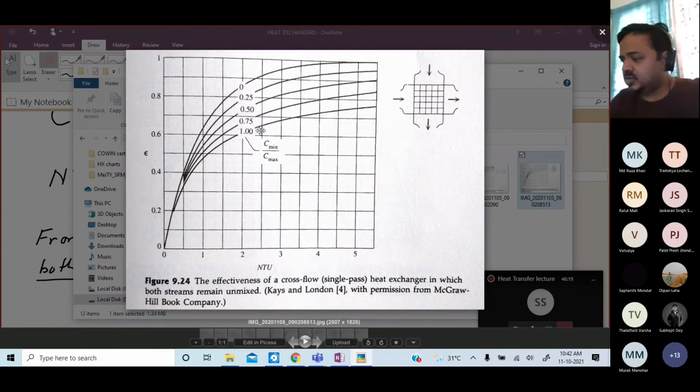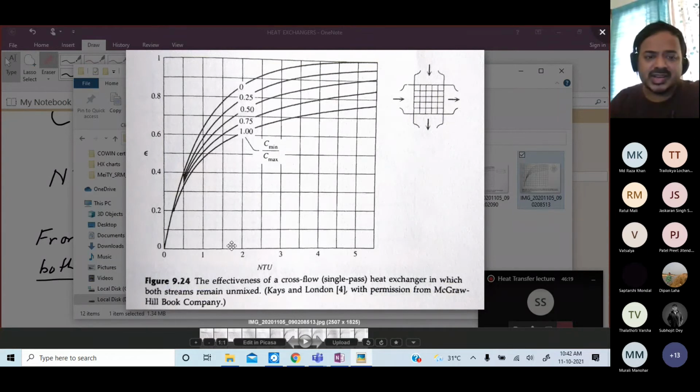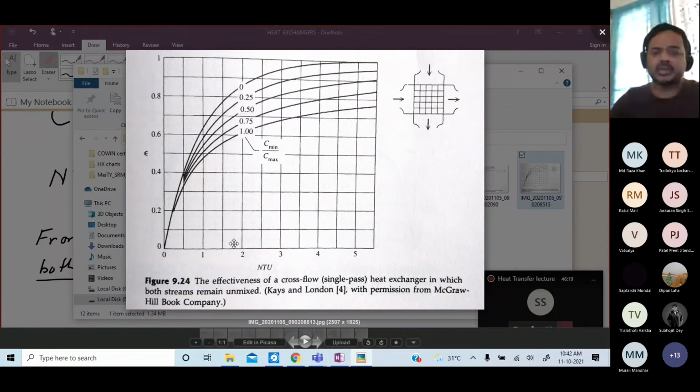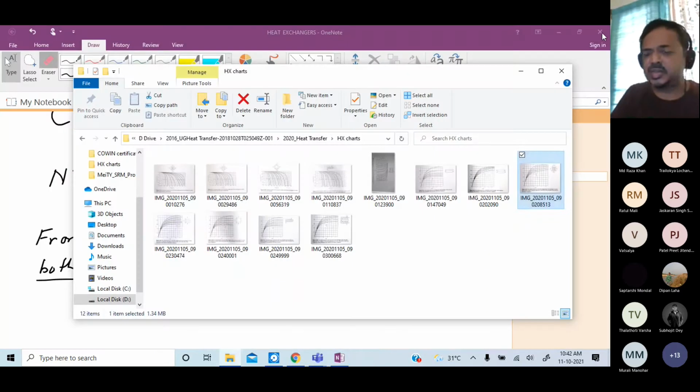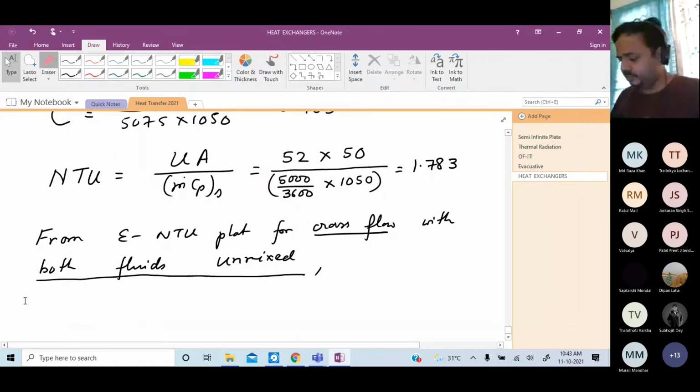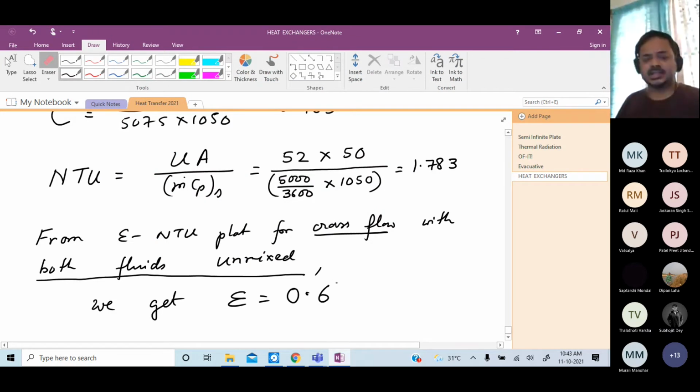And NTU has come out to be 1.78. Let's say 1.75 here. I don't know if you can see my cursor. If I just go up here and go to 1, it's about a little bit of eye estimation and extrapolation, but it turns out to be epsilon equal to about 0.6.